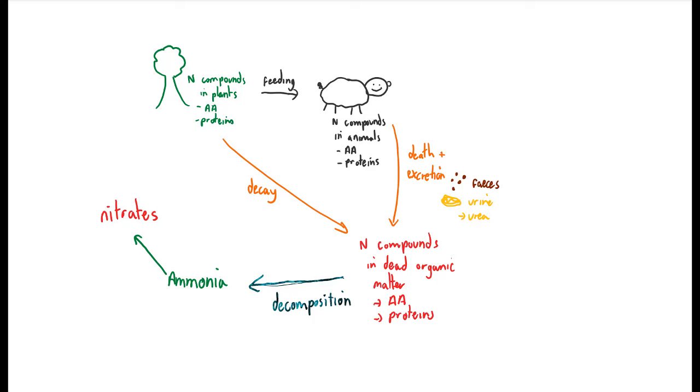Now, the conversion of ammonia to nitrates is called nitrification. These nitrates are then absorbed by the plants in a process called active uptake.